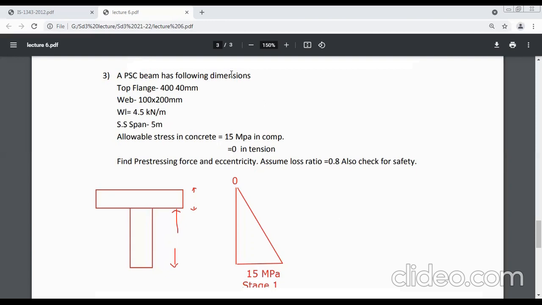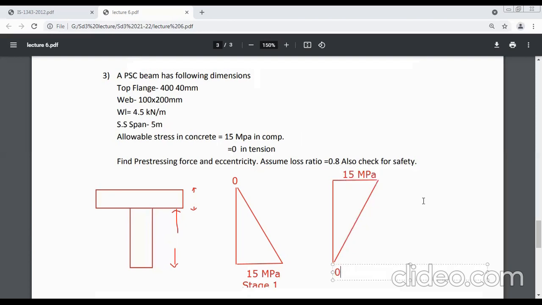And stage 2 we call the final stage. In that, the top is 15 MPa and the bottom is 0.